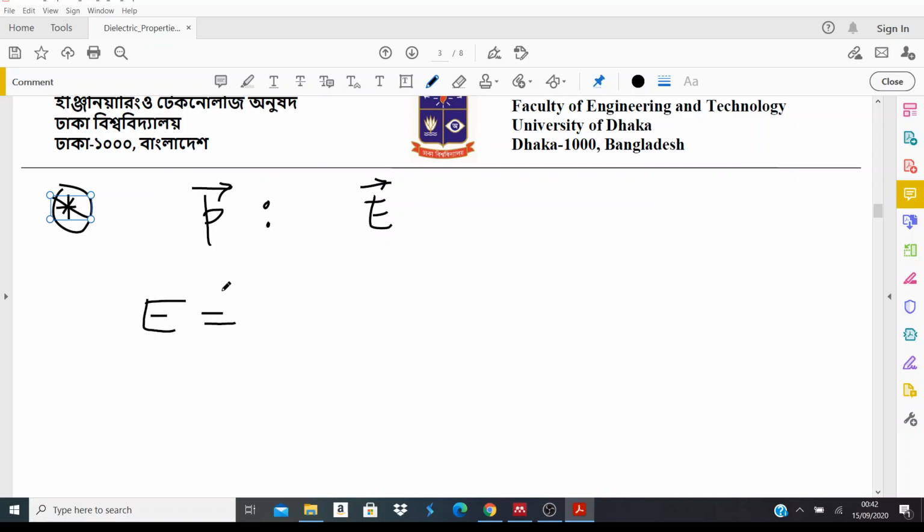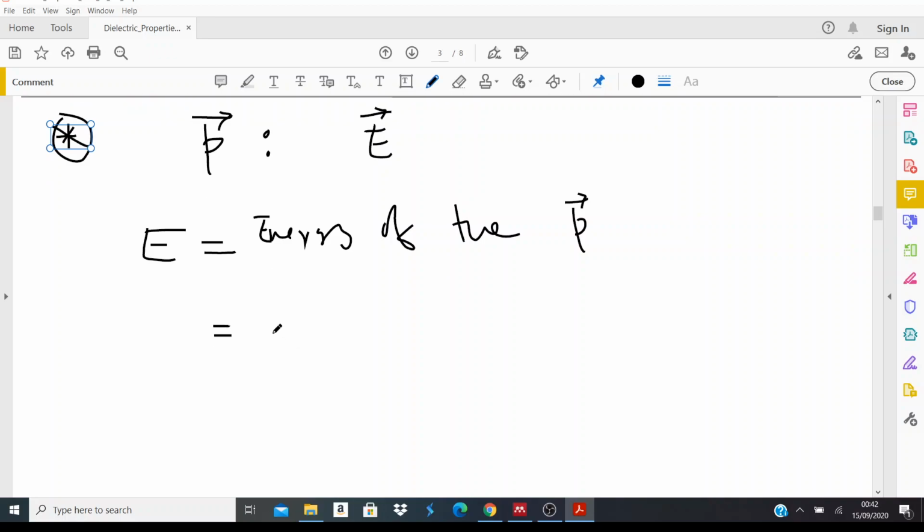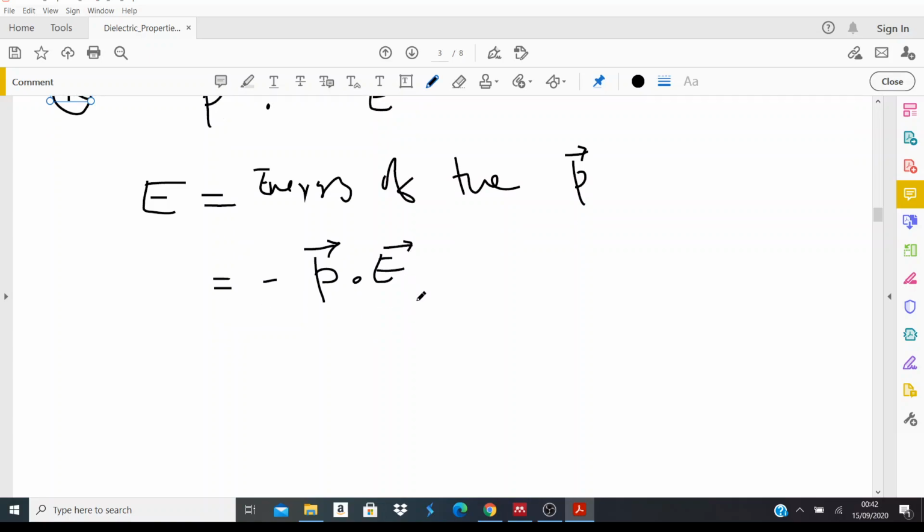So that's the energy E of the dipole moment P. And you know from your electrodynamics courses, this is nothing but minus P dot the electric field, right? And the minus sign is the convention.